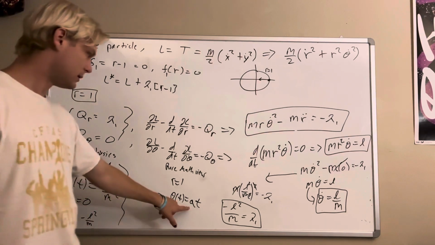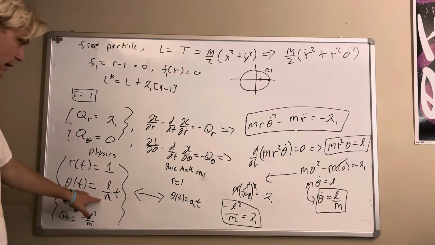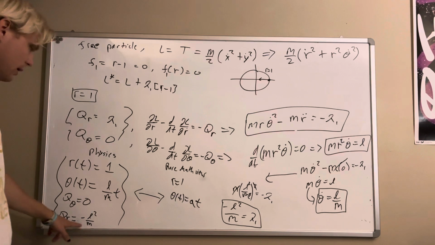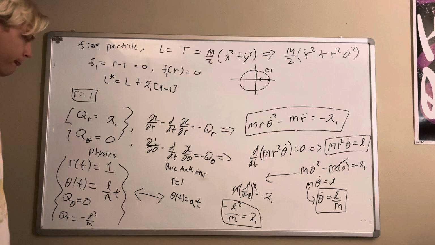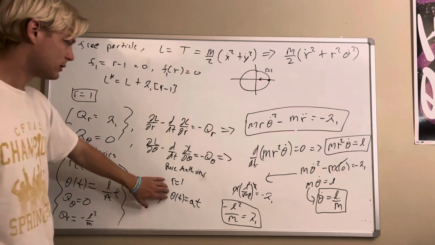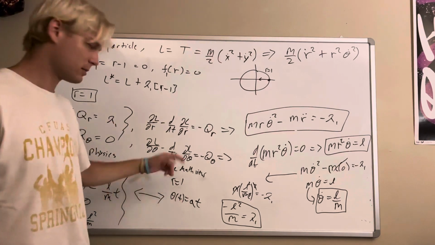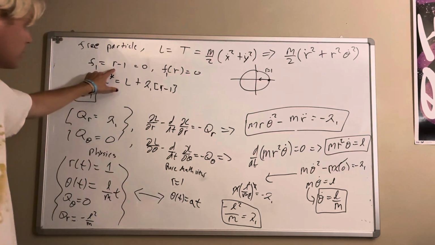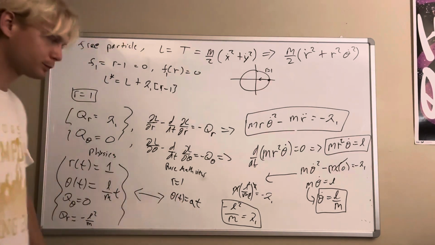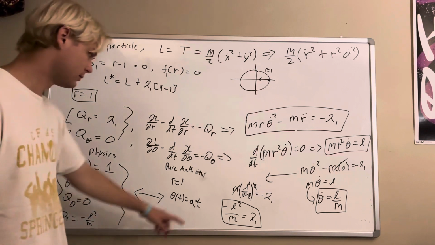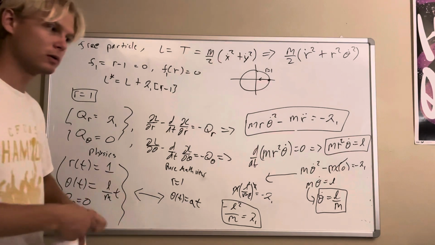And we see this A doesn't have any physical meaning. Here it does: angular momentum over mass. And this one, we also get the generalized force that has physical meaning. We could have just written this down, of course it's going to stay at the same radius of 1, and then it's going to move around the circle, linearly I guess. But I find this interesting, and this topic is pretty cool.